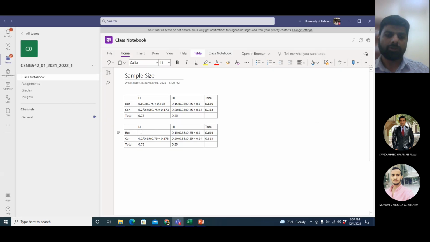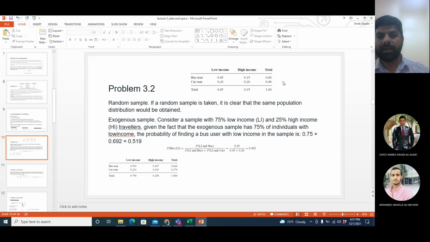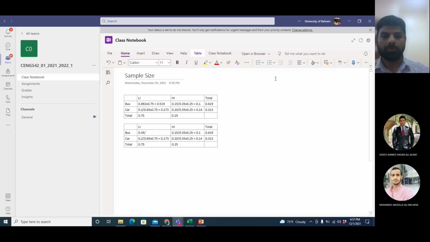Okay, so it is 0.45, people who are choosing bus and are in the low income group, divided by the total possibility of choosing a bus from the entire sample, which is 0.60 now. So 0.6. Okay, and multiply by the percentage of bus users I have collected, which is 0.75.